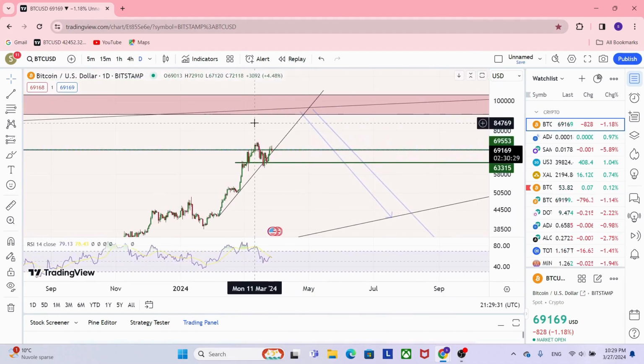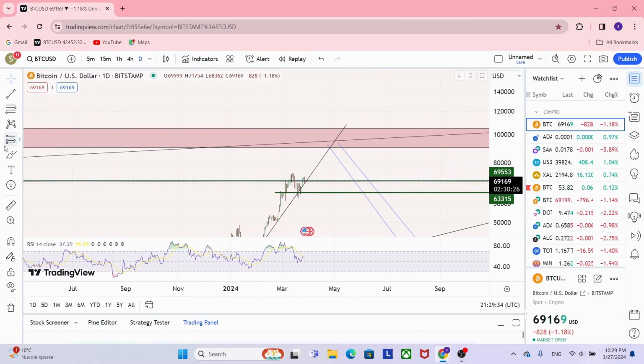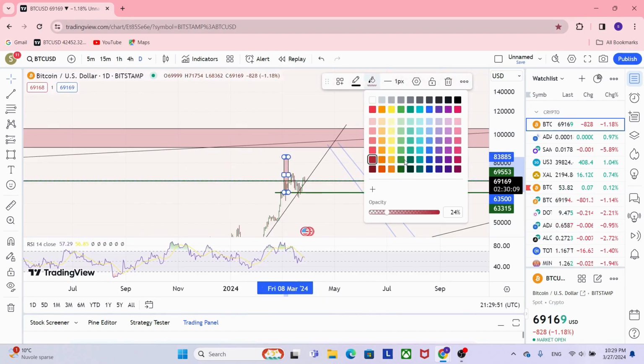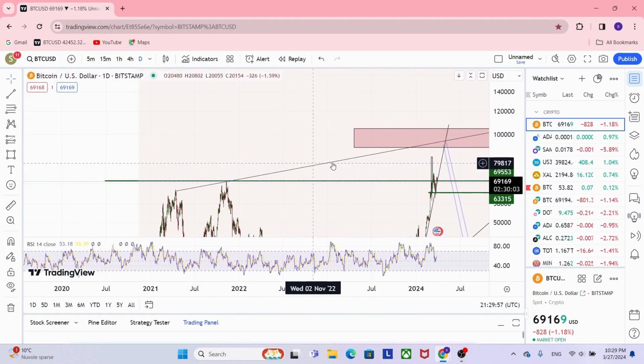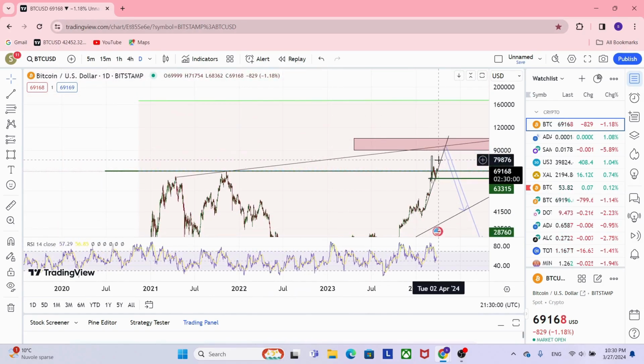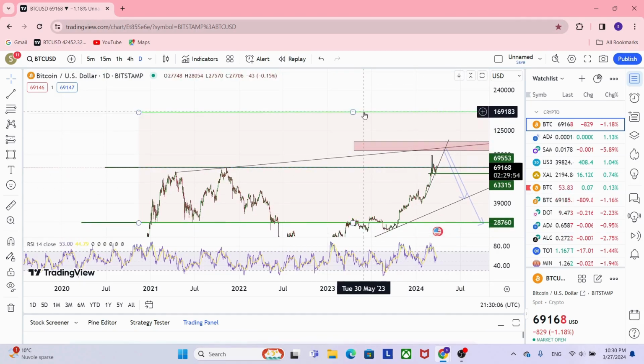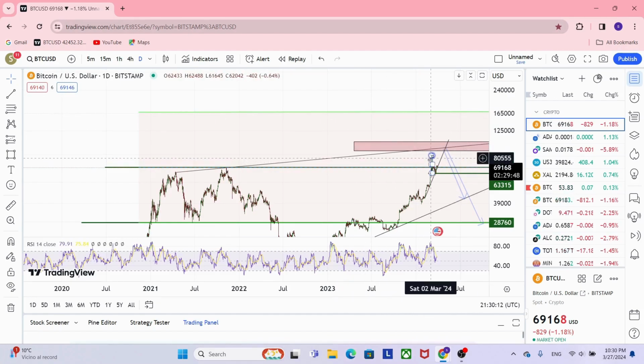The first scenario, which didn't happen, was that the price from here, for example, breaks this resistance with a very high volume, full body green candle, like this. And then we could consider this as a breakout of the upper line of this trading range. So we could have a target around $169,000 for Bitcoin, but it didn't happen.